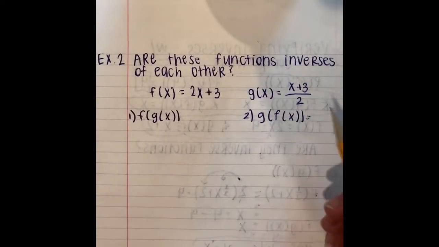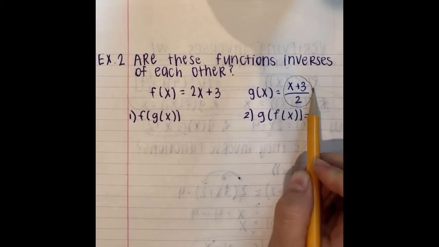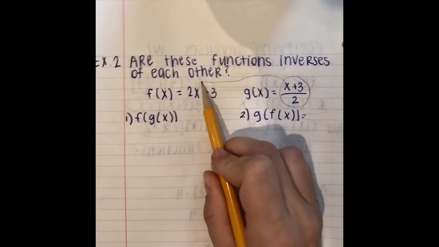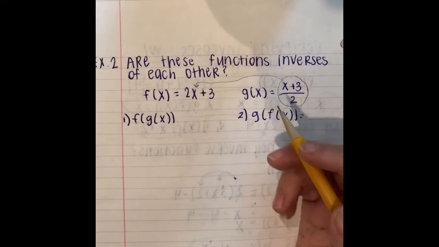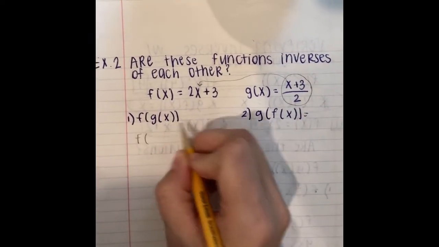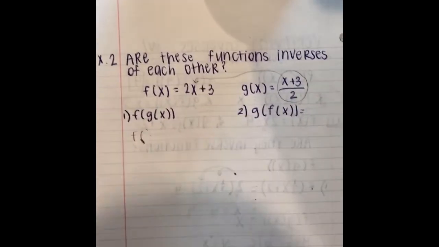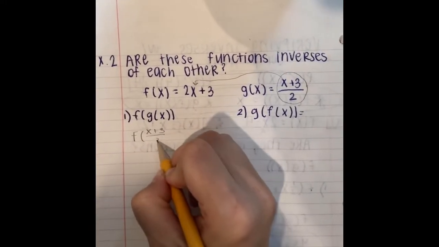So for f of g of x, really what we're going to do is take this g function, what it's equal to, and substitute it in where the x is in my f function, right? That's essentially what we're doing. So step 1, you're replacing g of x with what it's equal to, which is (x plus 3) divided by 2.